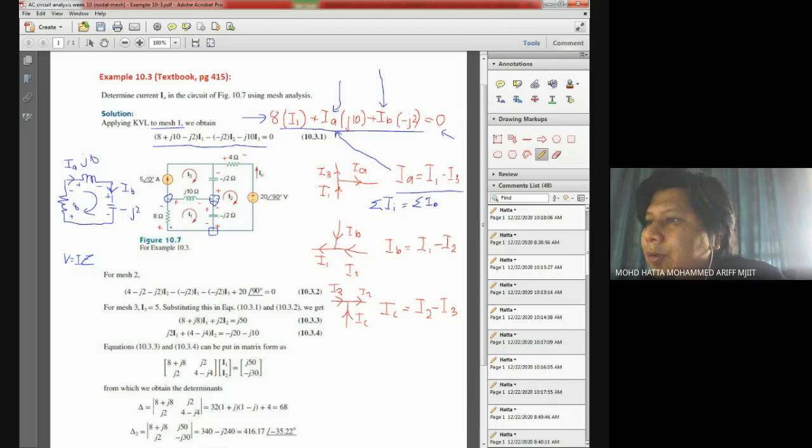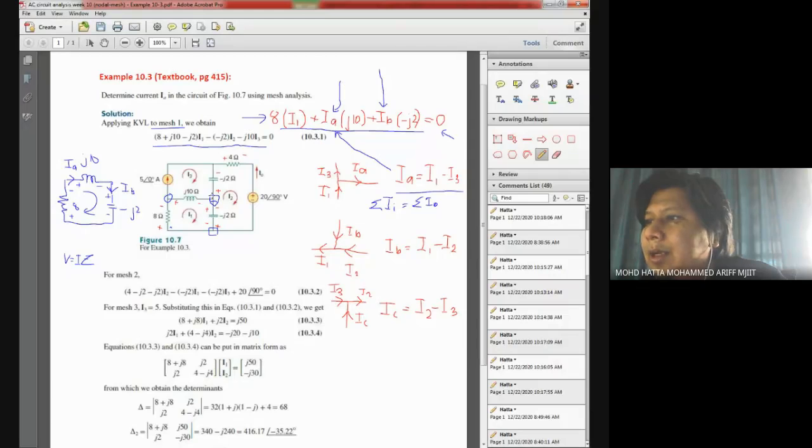But if you look at this point, it involves IE as well as I3, not I3. This is also not I3. This is a combination of current I3 as well as I2. So it's very complicated over here.